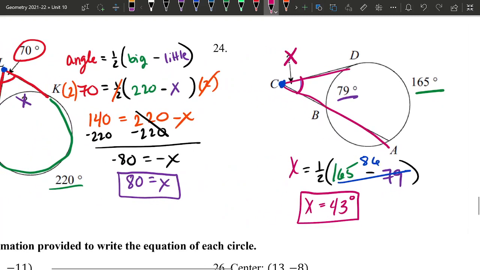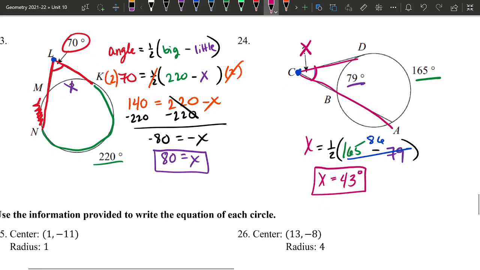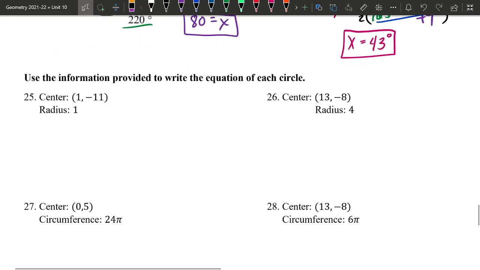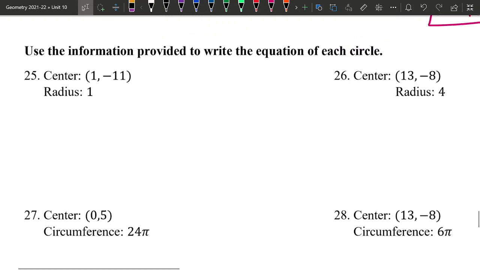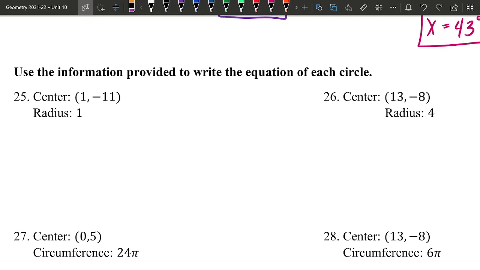All right, so that's all of the angles and arcs part of the review. The rest of it is equations of a circle. This section, number 25. Use the information provided to write the equation of each circle. So make sure that you know where you have your formula sheet. The equation of the circle is at the bottom of the page.